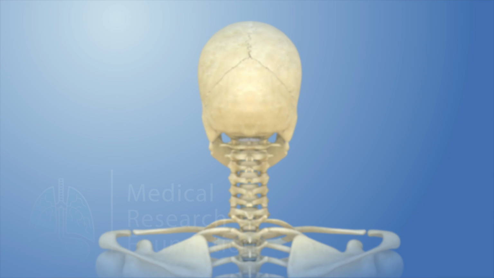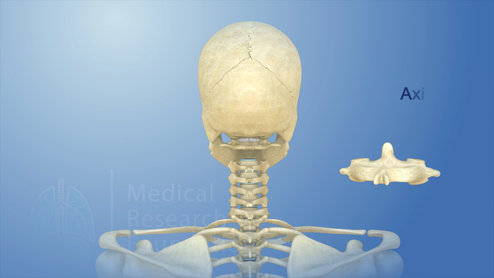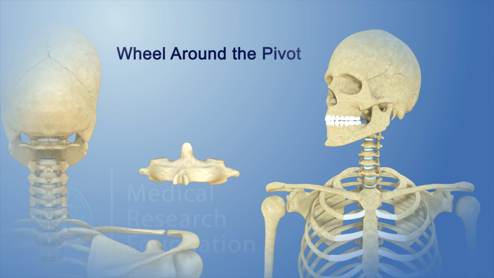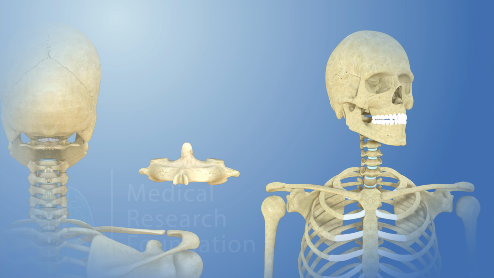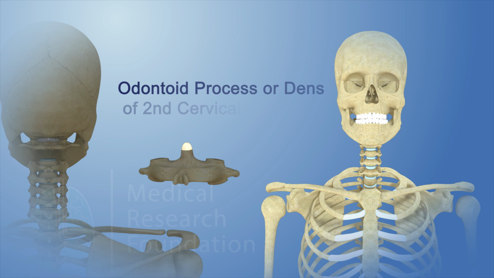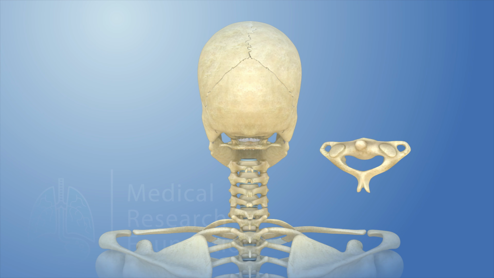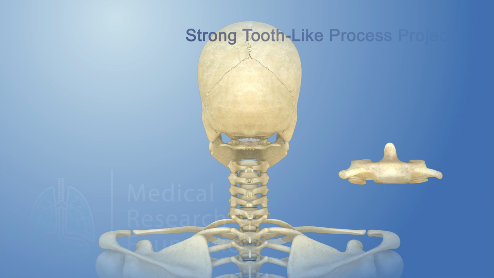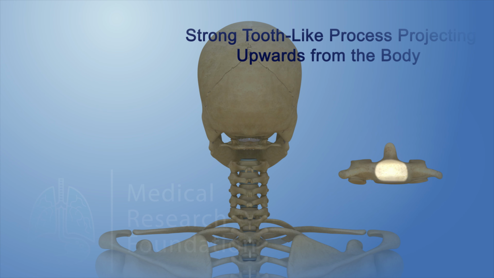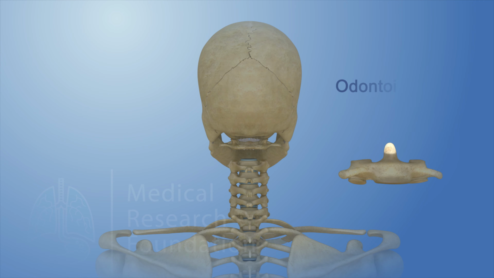Second cervical vertebra. The second cervical vertebra is called axis because the atlas rotates like a wheel around the pivot provided by the odontoid process or dens of second cervical vertebra. It has the following features. It possesses a strong tooth-like process projecting upwards from the body called odontoid process.